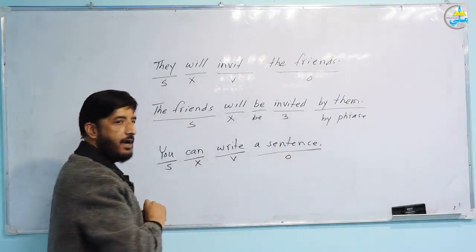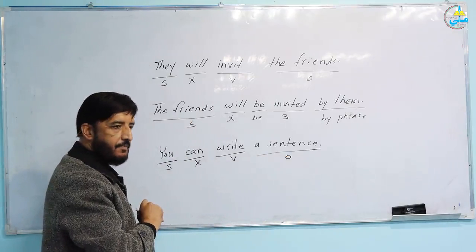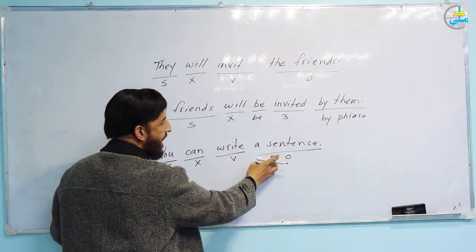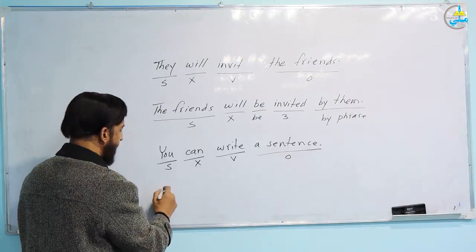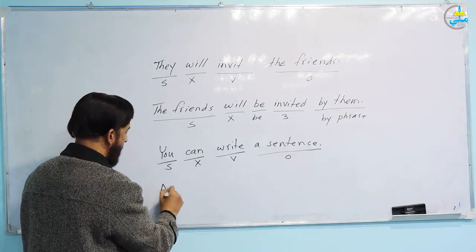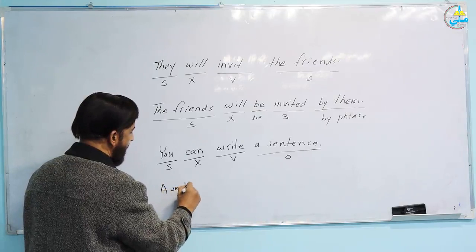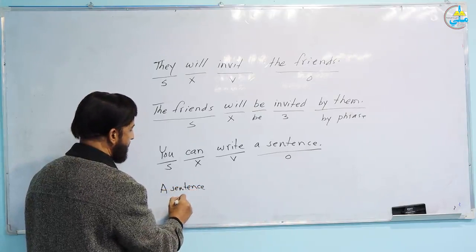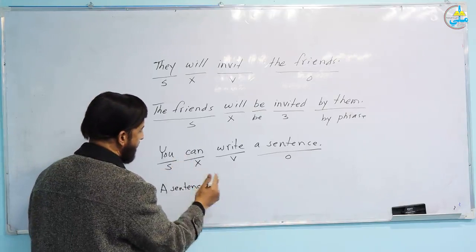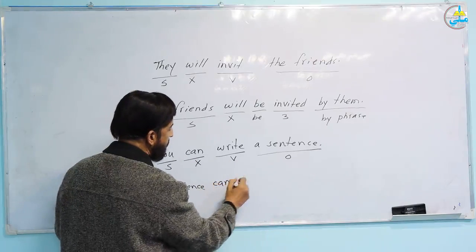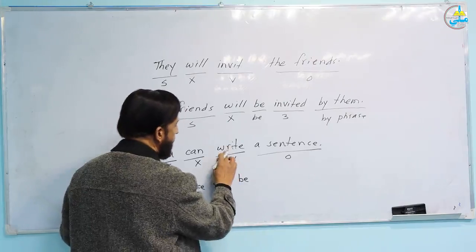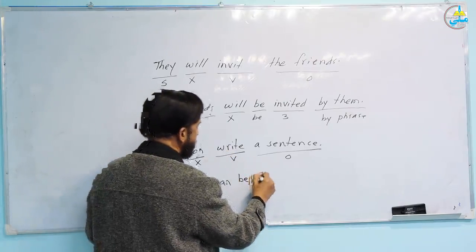Now, if we change it to passive, we make the object the subject of the passive sentence. So how? A sentence. The helping verb is can. A sentence can, after can we use be, and then the third form of this verb is written.